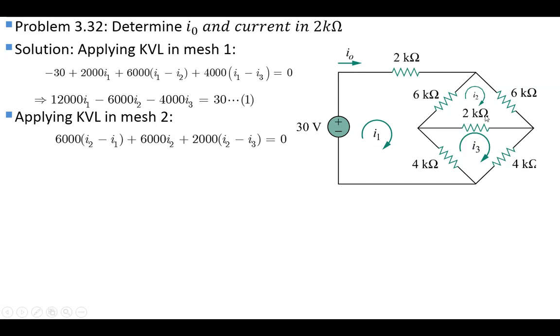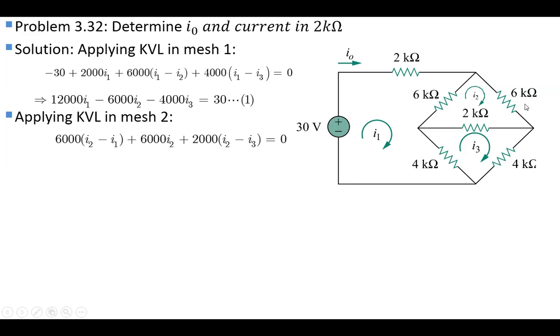Because we are writing the equation for mesh number 2, I2 is flowing in this direction, and I1 is flowing opposite to I2. So the voltage across this 6 kilo ohm resistance will be 6K multiplied by the current I2 minus I1.